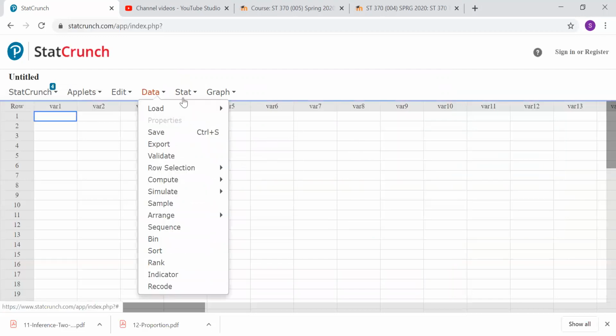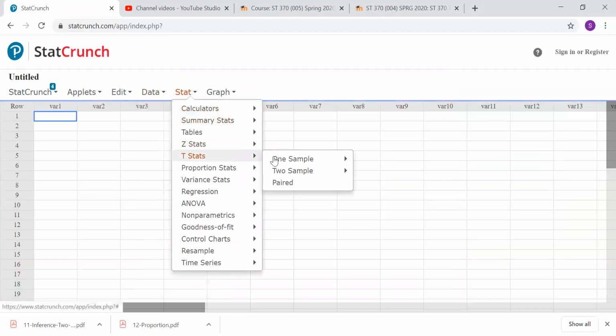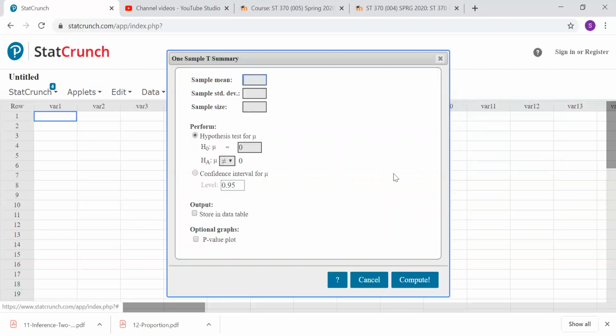Similarly, the same thing could be done here. T-stat, one sample with summary. You are going to enter the same information, and you could find out the confidence interval as well. Here, in that example, we are using a 99% confidence interval. You just enter the value and do compute.